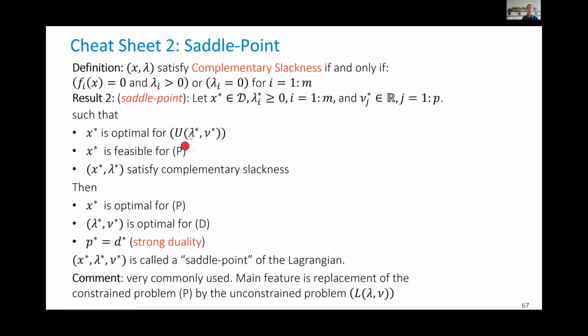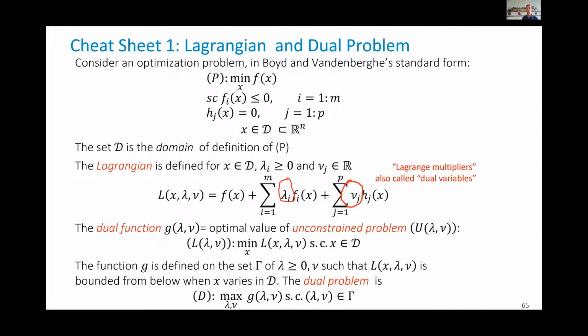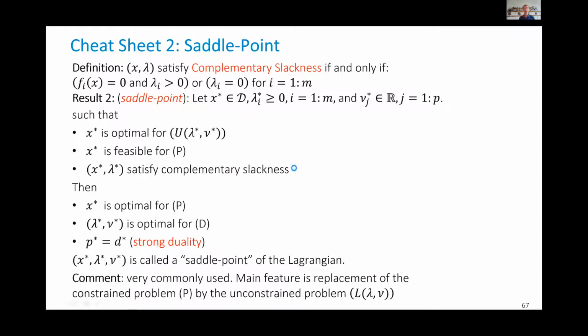I said that we solve for x that satisfies the feasibility constraint of the original problem. There is a small subtlety here, which is called the complementary slackness condition. Remember that the constraints of the original problem are inequality constraints, Fi.